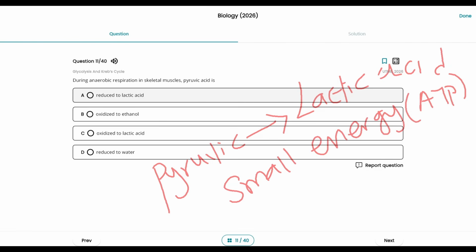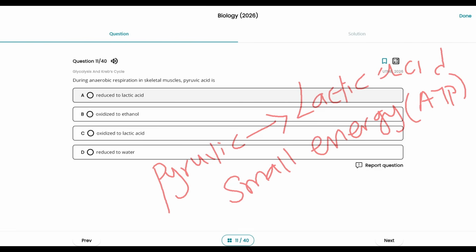It is being produced during this process without using any oxygen. The buildup of lactic acid can cause muscle fatigue or cramps.